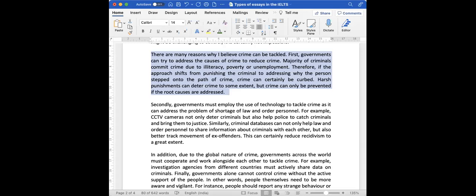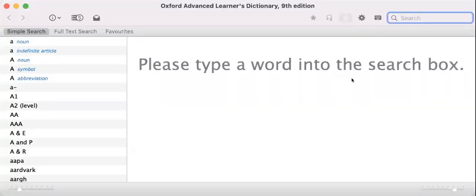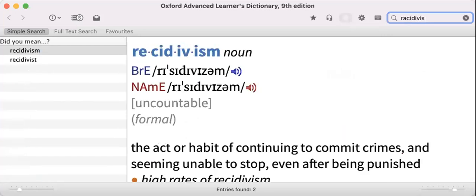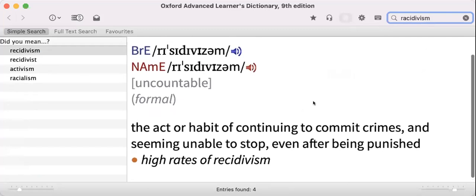Recidivism, ये ना इंद्रूप ऐसे लिखता है, 2-4 वर्ड ऐसे डाल देता है, let us see. Recidivism, an act or habit of continuing to commit crime, matlab and seeming unable to stop even after being punished again and again.